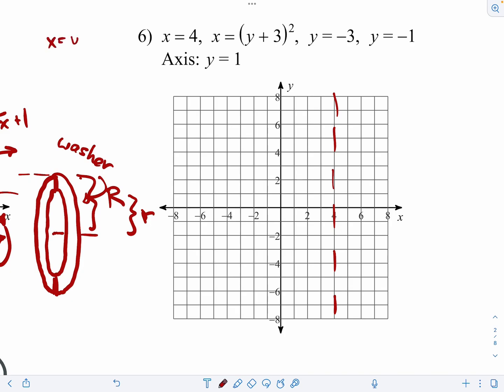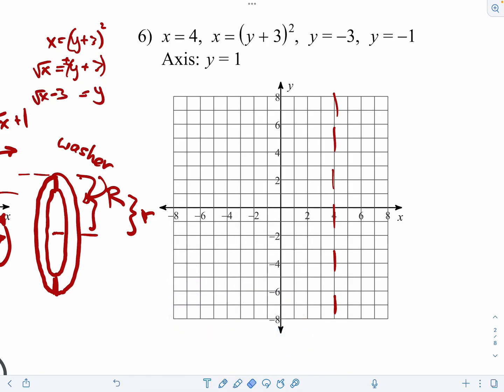Let's see, if x equals y plus 3 squared, then the square root of x equals y plus 3, and that means y equals radical x minus 3. I need to back up a little bit.